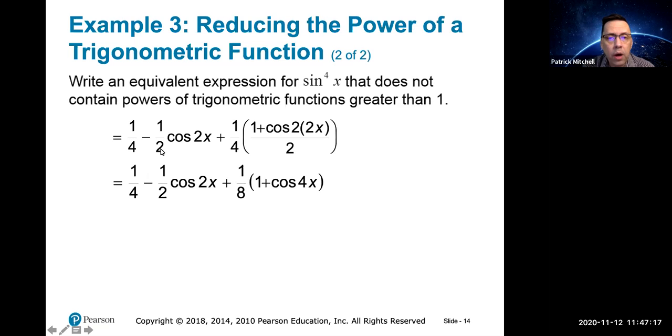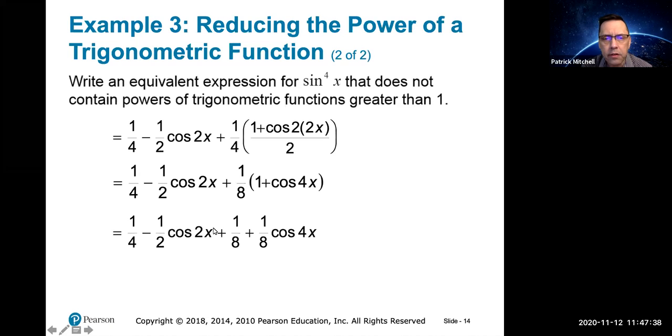All right, so nothing needed to be done with these two terms. And then in this term here, I'm just multiplying 1/4 by this expression, gives me an 8 on the bottom, and I'm writing the 1/8 in front. Now I'm going to distribute that 1/8, and that gives me, well, let's look at the whole thing. 1 minus 1/2 cosine 2x plus 1/8 plus 1/8 cosine 4x.